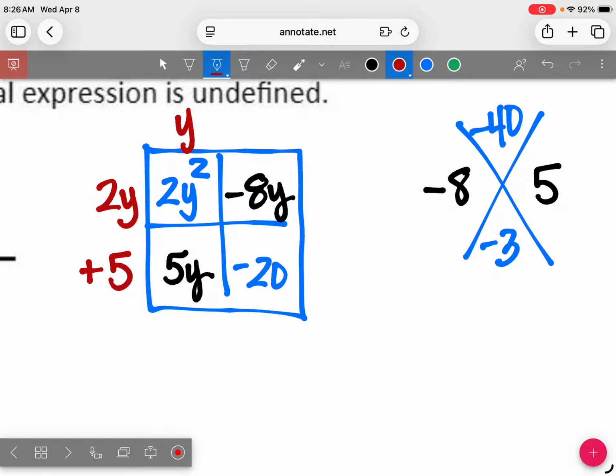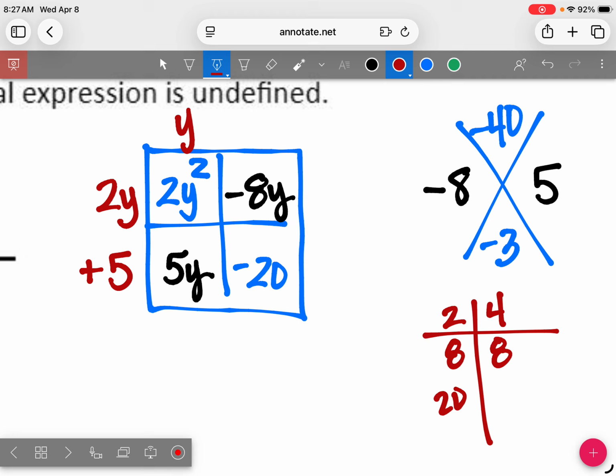So as far as 8, if you look in your 2s, you see 8 and 20. But if you look in your 4s, you also see 8 and 20. You always go with the column that's the biggest. That's why it's called greatest common factor. So 4 is what I'm taking out, and it's going to be a negative 4.